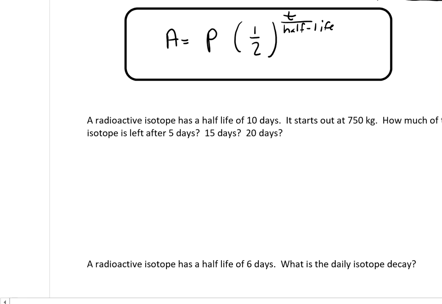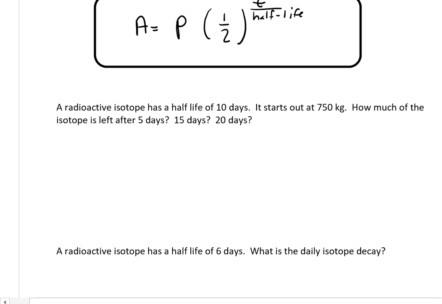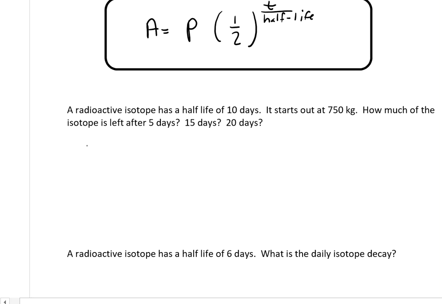A radioactive isotope has a half-life of 10 days. It starts out at 750 kilograms. How much of the isotope is left after 5 days, 15 days, and 20 days? So we're going to have start, so P is equal to 750. The half-life is 10.